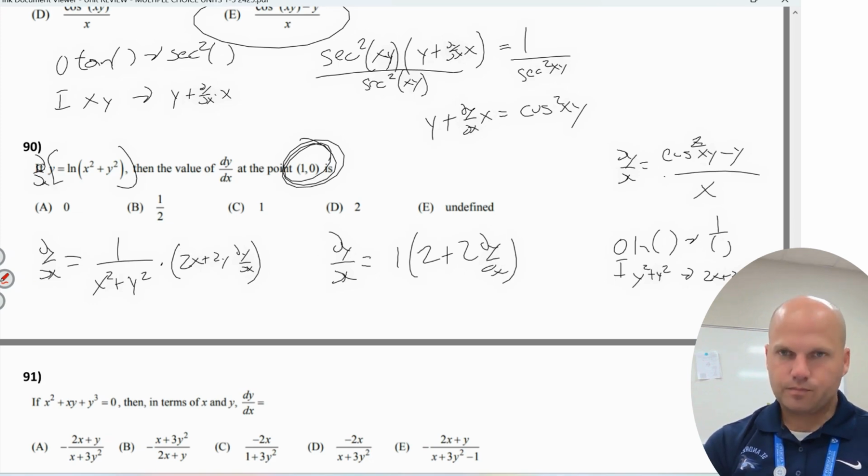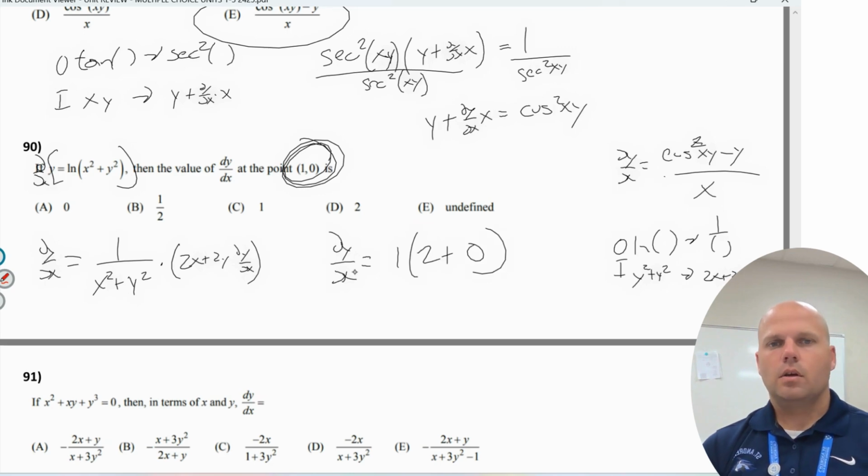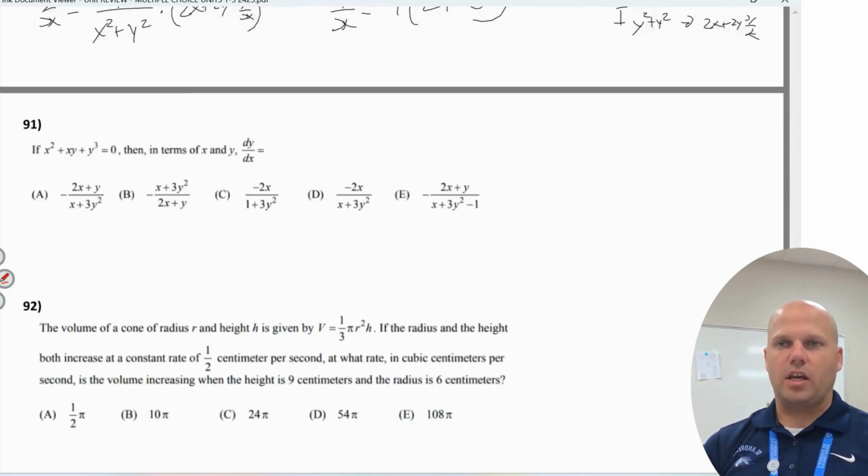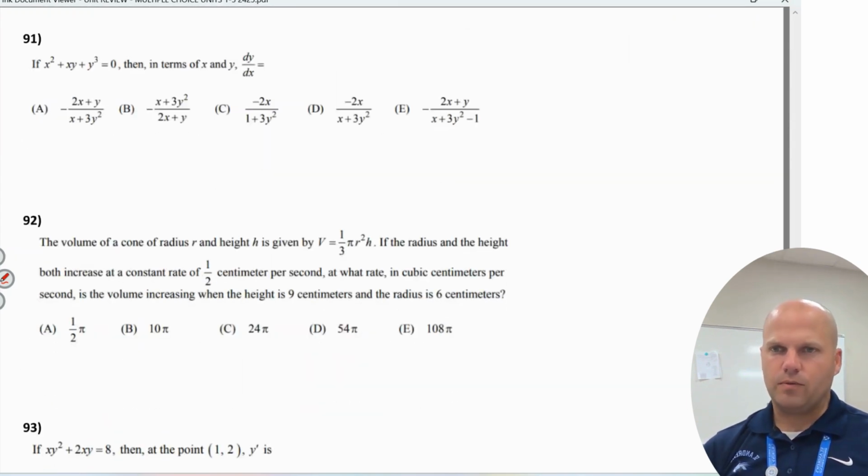Oh, this is 0. Because y is 0. So this is 0. So it gives me 2.